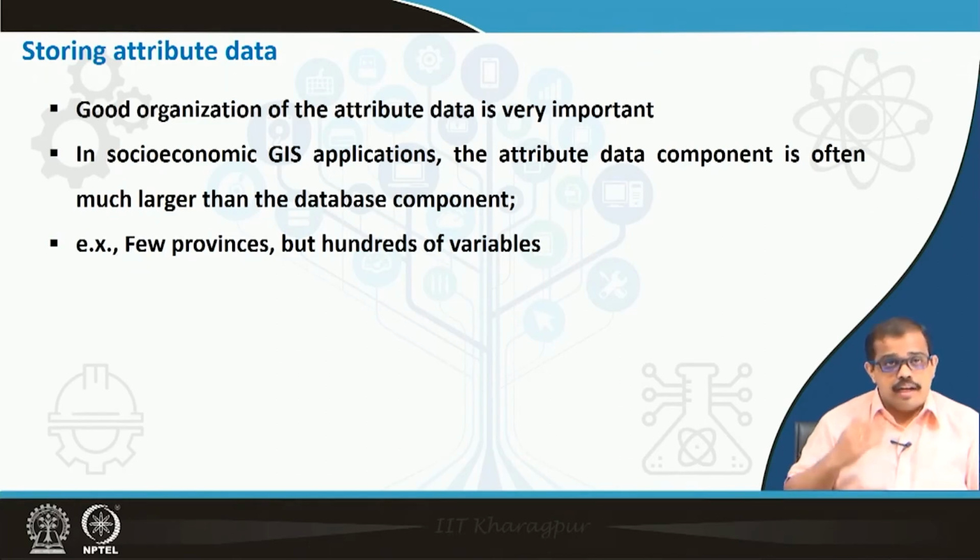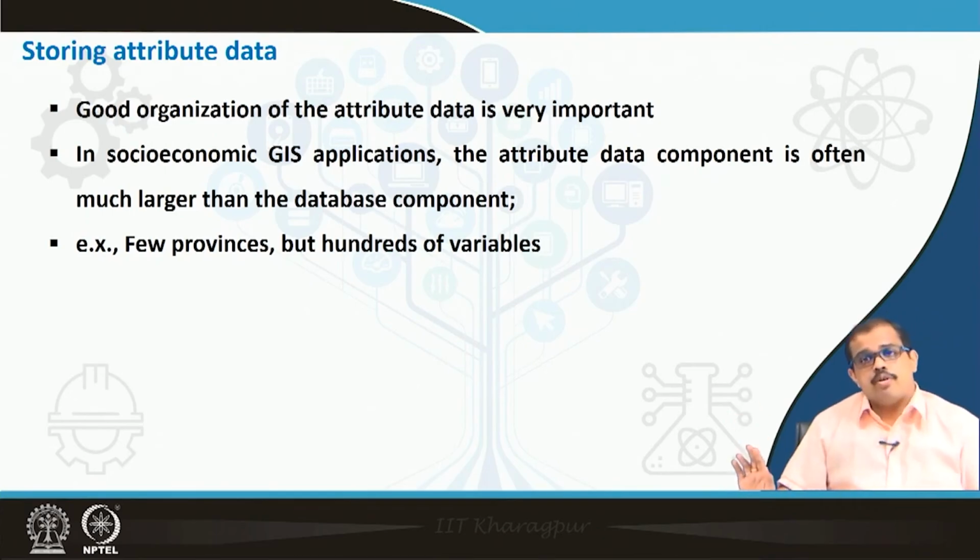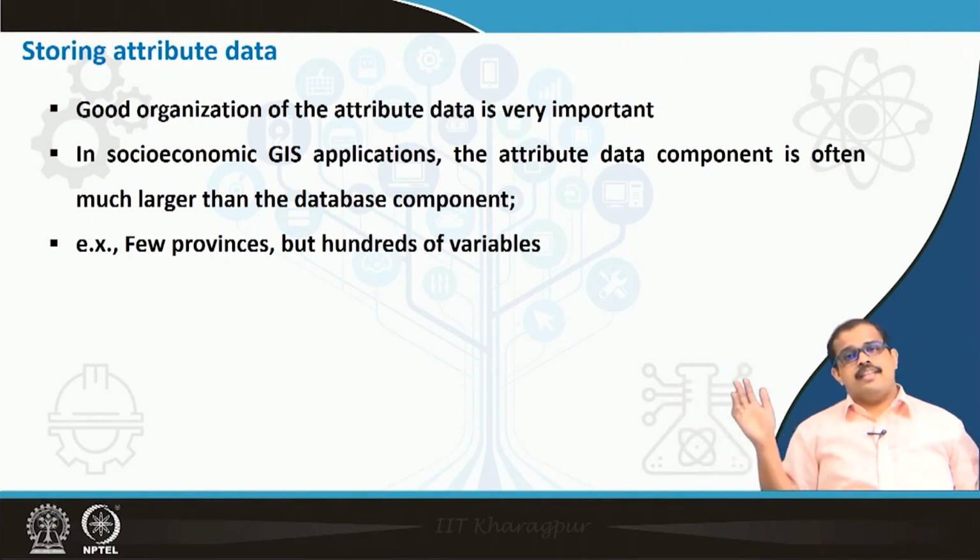Then when you are storing attribute data, whenever you have any data, it is attribute data that has to be stored. Always just storing a geographic coordinate will not give you any output. When you have attribute information added to it, then it gives added value to that database. For example, in socioeconomic GIS applications, the attribute data component is often a very large component in a database.